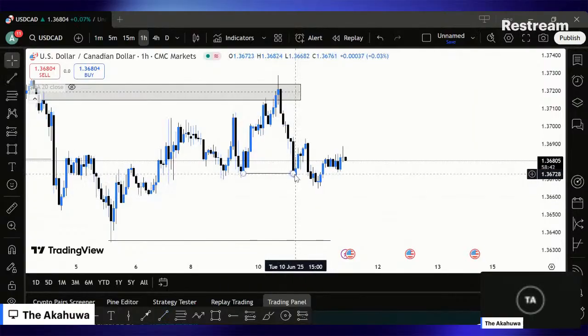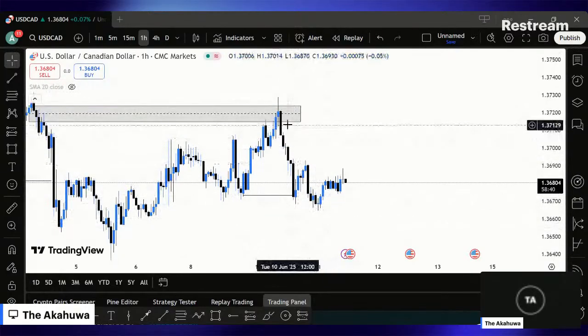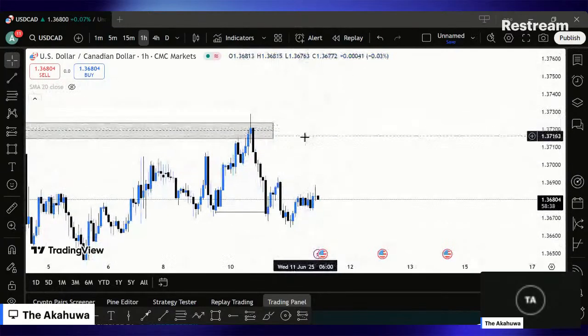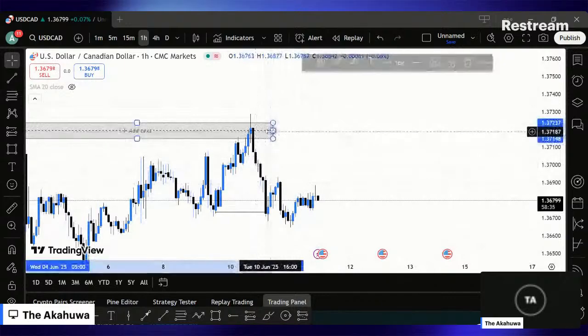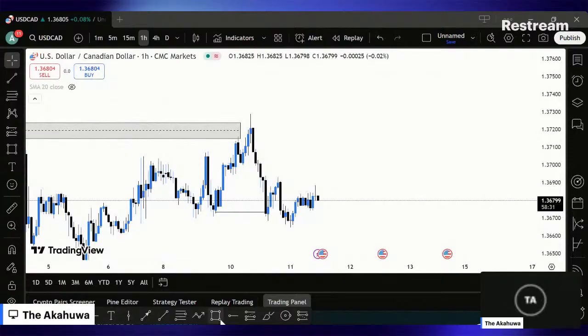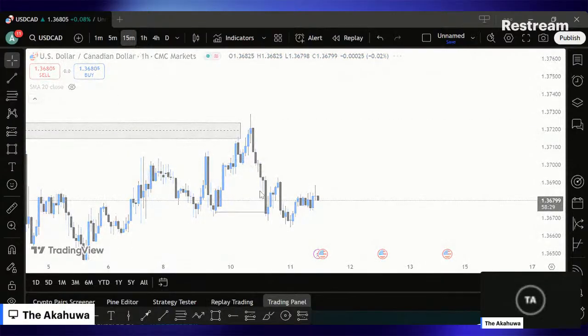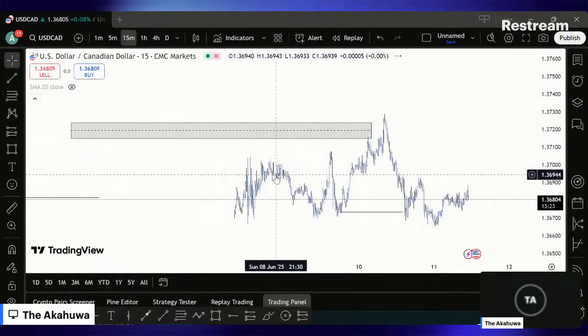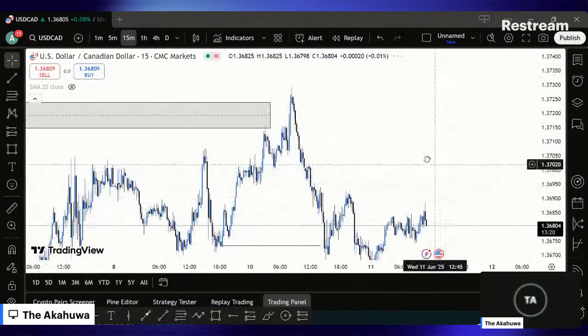It didn't break very well. So if this market comes back, just pay attention to this. What price is doing within this area.